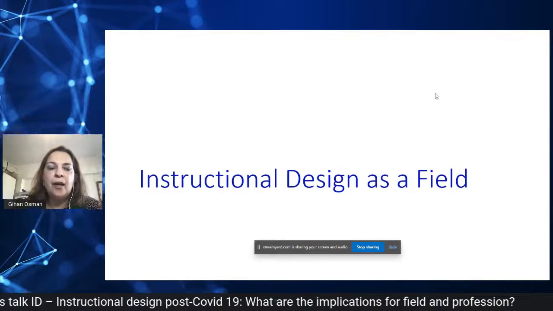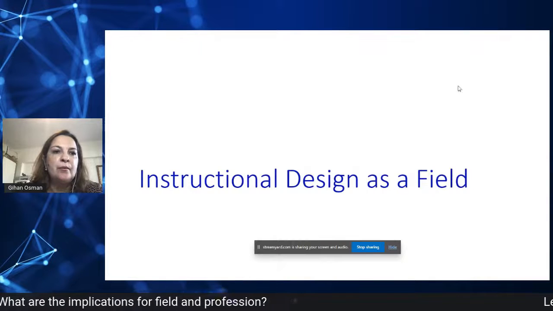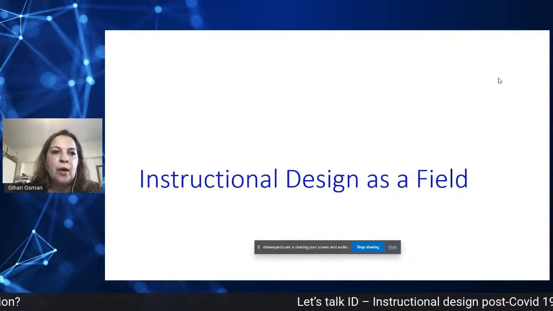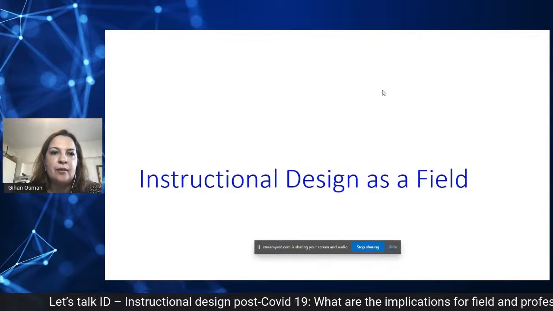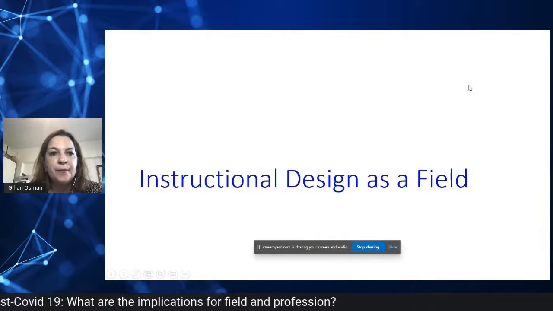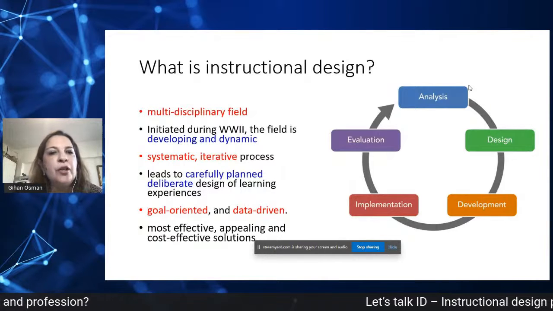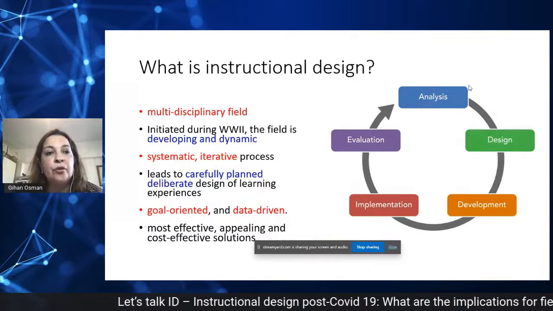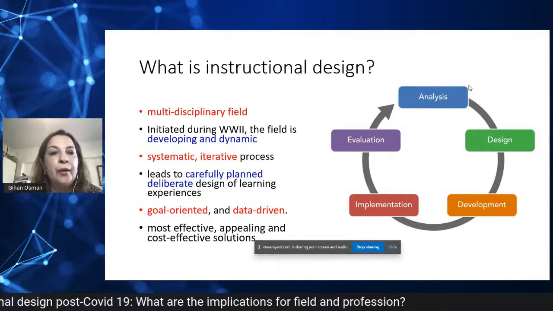Okay, great. So I know that some of the audience today is not from the field of instructional design, so I'll very briefly talk about it, just to anchor some of the key concepts that we'll be talking about later on. Instructional design is really a field that is multidisciplinary in nature, involving things like psychology, learning, management, technology, and many other areas.